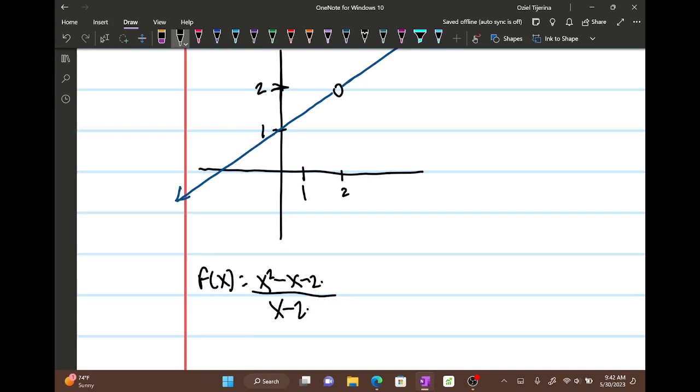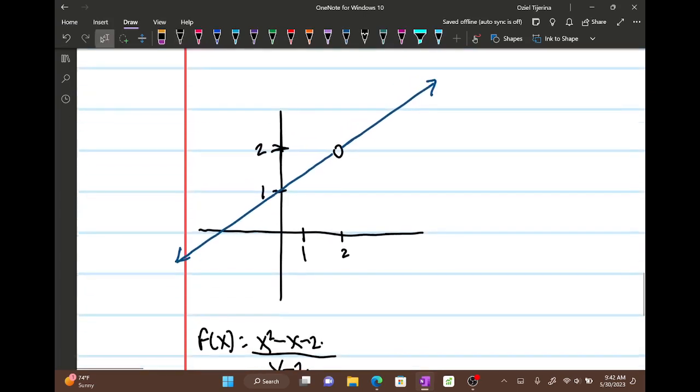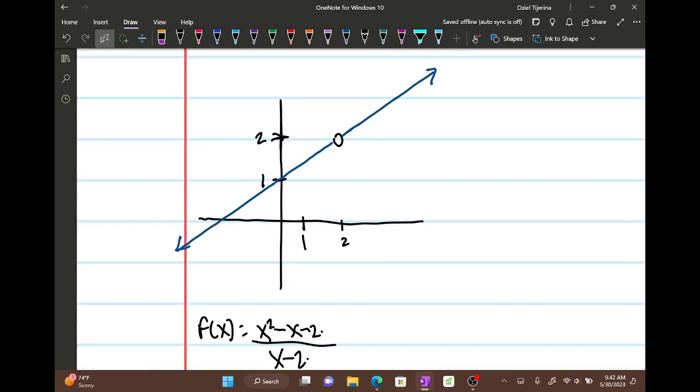So basically what's going on here is that there's some kind of, and of course I don't know for sure if it's equal to 2, but this is a rough sketch.